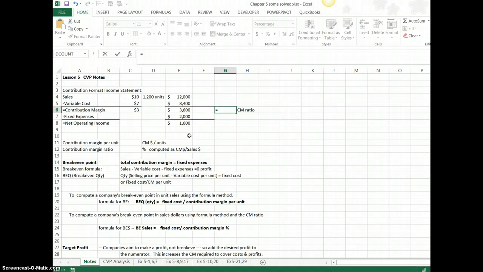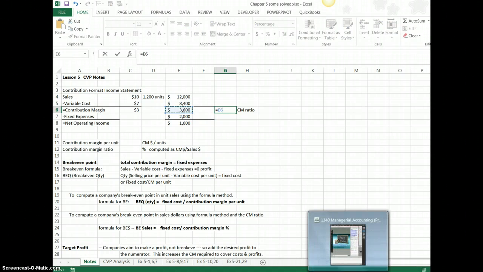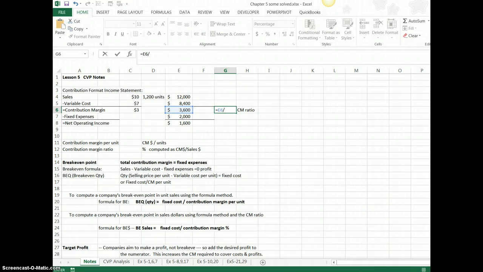I'm going to quickly calculate a contribution margin percent. So I will take that $3,600 in total and I will divide it by my sales. I have 30% contribution margin. I could have done the exact same thing on a per unit level, $3 divided by $10 gives me 30% as well.